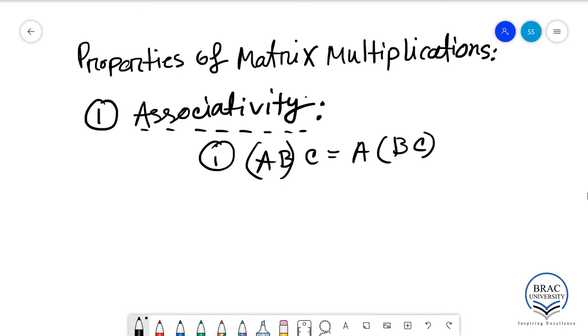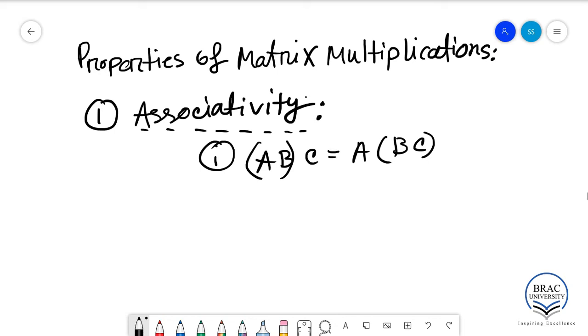The reason I'm stating left hand side is that in a few seconds we'll talk about non-commutativity of matrix multiplication, where the order will matter. So that's why I'm saying that you are multiplying from the left hand side.